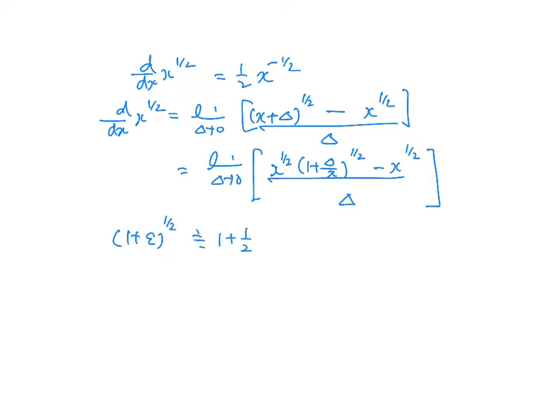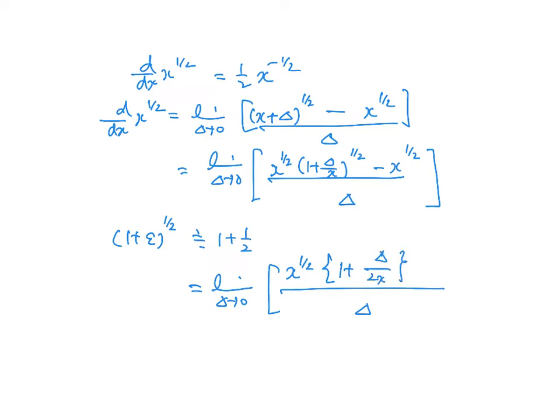We have derived this previously, numerically, as Newton did. So it becomes the limit as delta goes to 0 of delta over x^(1/2) times (1 plus delta over 2x) minus x^(1/2).